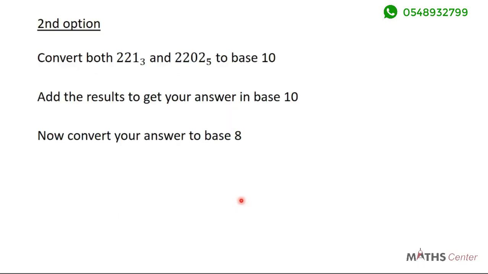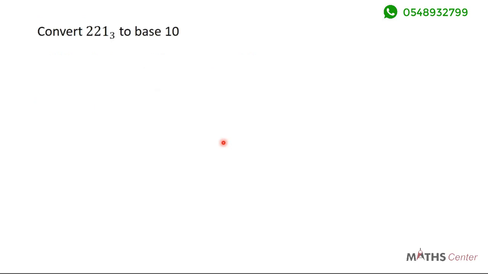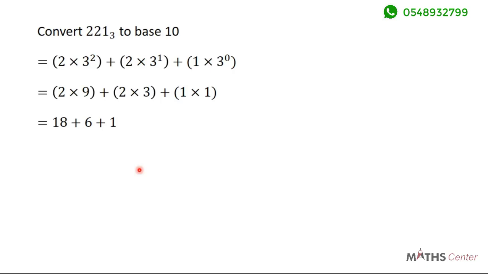Let's look at the second option. The second option is that you convert both 221 base 3 and 2202 base 5 to base 10. You add the results to get your answer in base 10. Now you convert it from base 10 to base 8. You have already seen how to convert this to base 10 in this video, and when you do that conversion, we are getting 25.